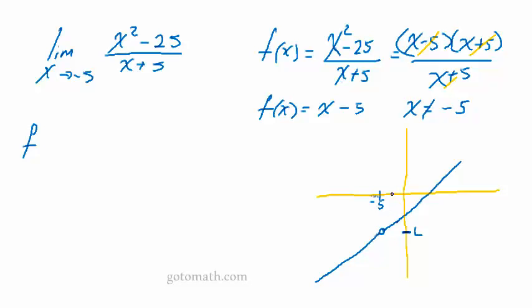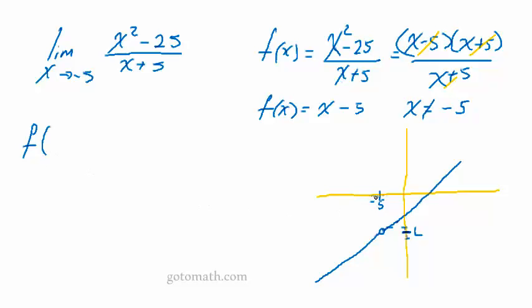Then we're going to come in from the right hand side, getting closer and closer to negative 5, and take a look at what these are both approaching as we get closer from the left and the right.